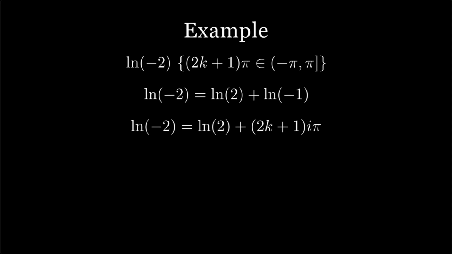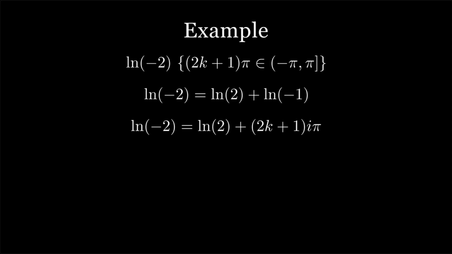And so then we see that the natural log of -2 is equal to the natural log of 2 plus 2k plus 1 times i pi. So, since we're in the interval -pi to pi, and -pi isn't defined in our interval, we must have 2k plus 1 times pi be equal to pi, and the only value of k for which that works is 0.